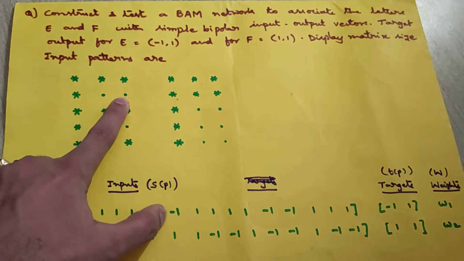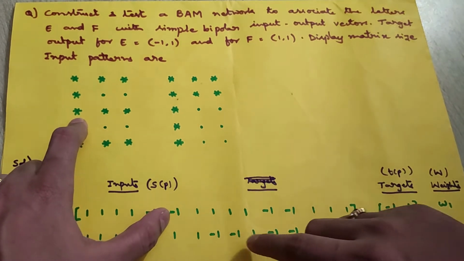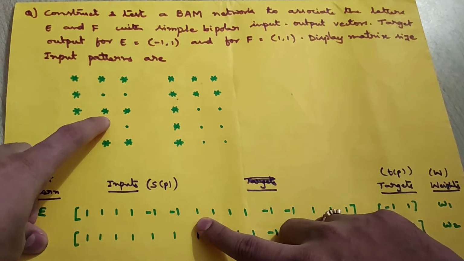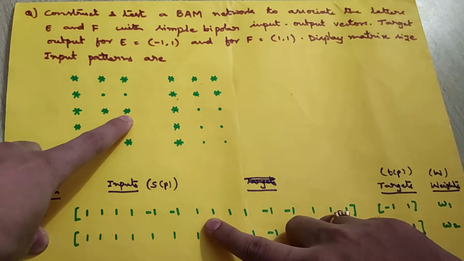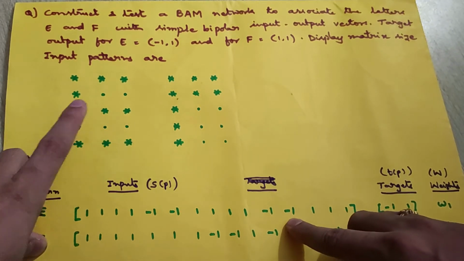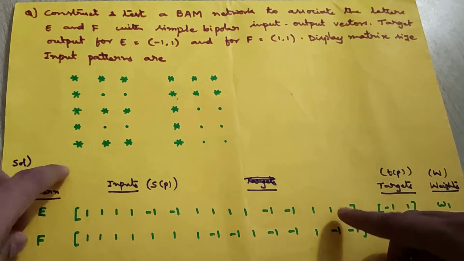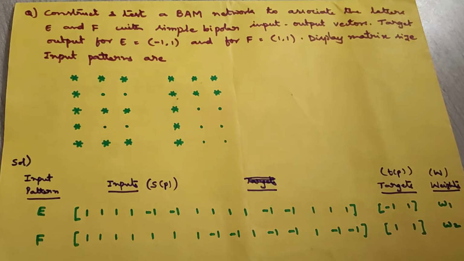One dot is there, so -1. Then asterisk 1, asterisk 1, asterisk 1, dot -1, dot -1, asterisk 1, asterisk 1, and finally asterisk 1. In this way we need to frame the inputs by using the pattern. Once the inputs are framed and the target is already given, that is -1 and 1, we need to find out the weight matrix, that is W1.